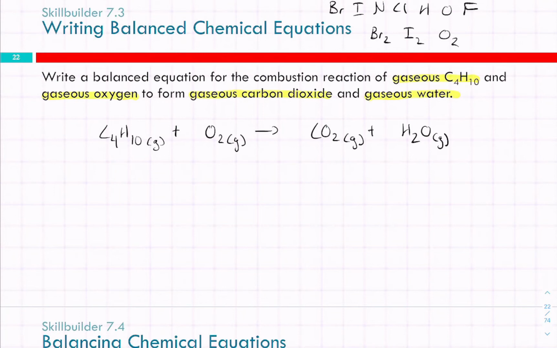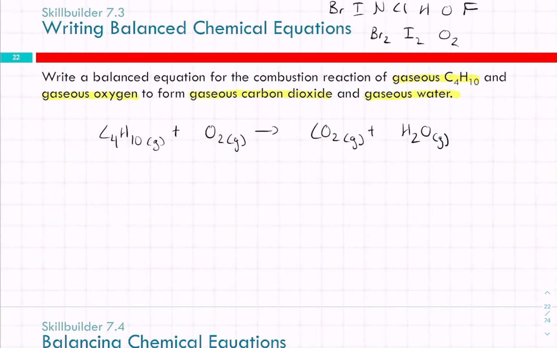Our oxygen here is in carbon dioxide and water, and it's also a free element on one side, so we want to balance that last, because if we change the coefficient for O2, it's not going to affect anything else. So we'll balance carbon first.